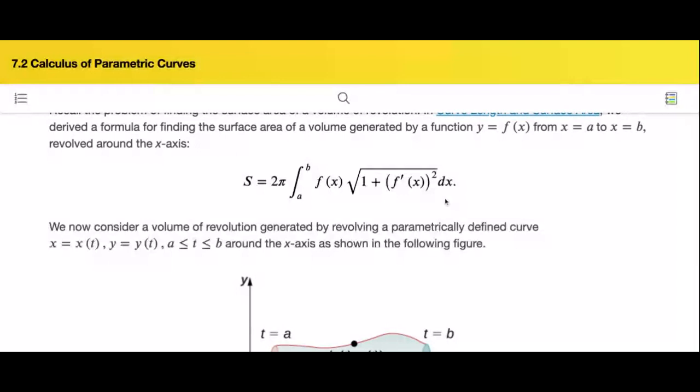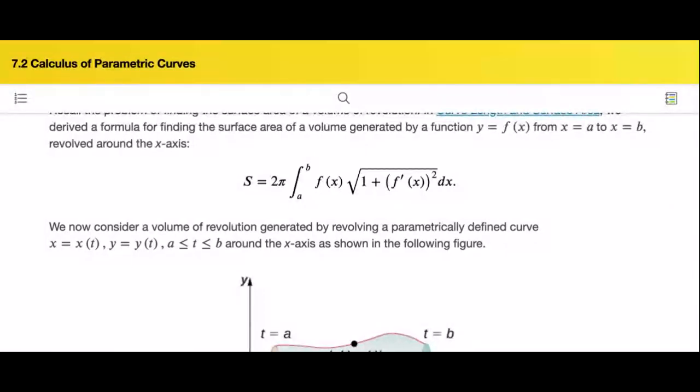If you want to write it down in your notebook, you could write the square root of 1 plus f prime of x squared dx. You can rewrite this as the square root of 1 plus dy over dx squared, then dx over dt outside, because dx is dx/dt in terms of t.